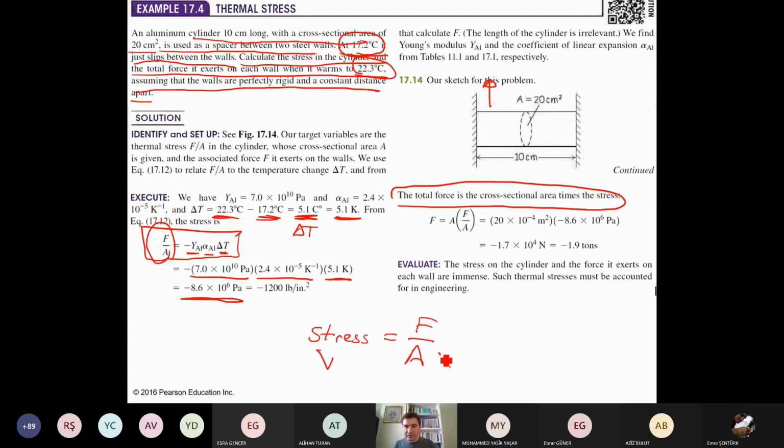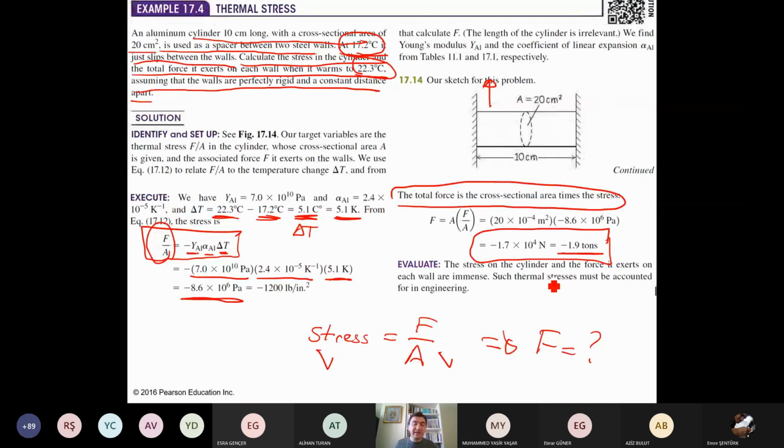And the force is this one, minus 1.7 times 10 to the 4 Newton, or minus 1.9 tons. It is huge. This small cylinder applies a huge force, okay, if you change the temperature.